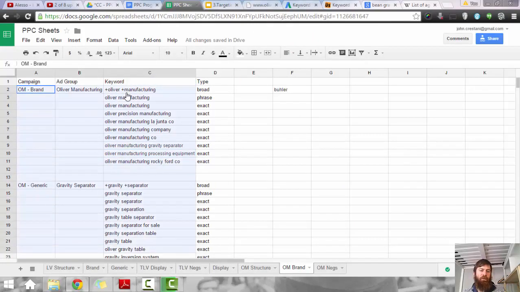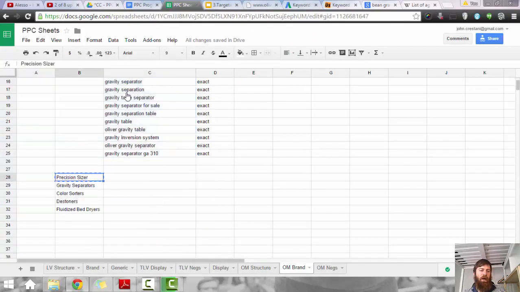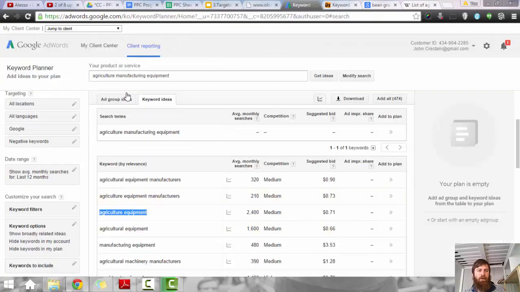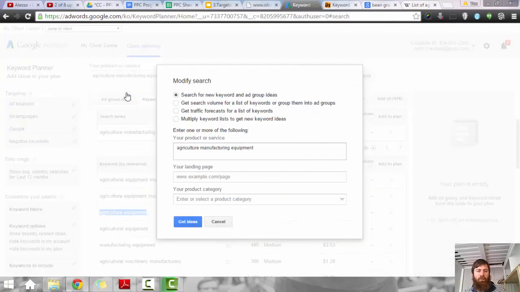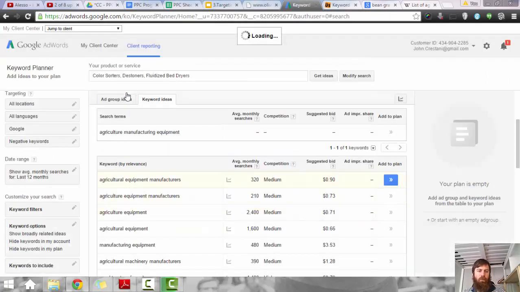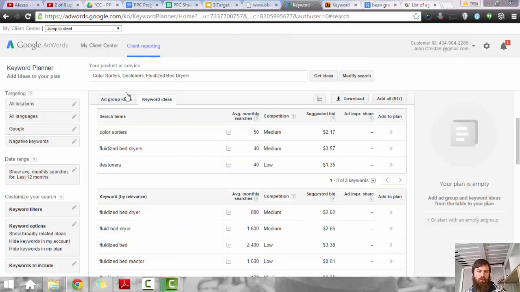These are going to be the two main campaigns I would search for. Let's try these out real quick, just to see if we can get any more keywords in here. Color sorter, fluidized bed dryer, and destoner.